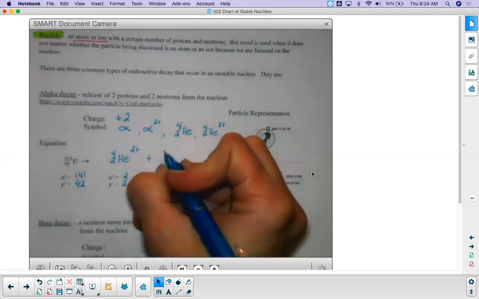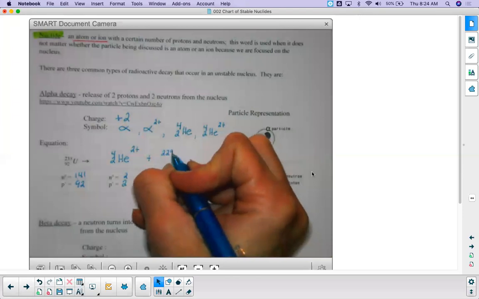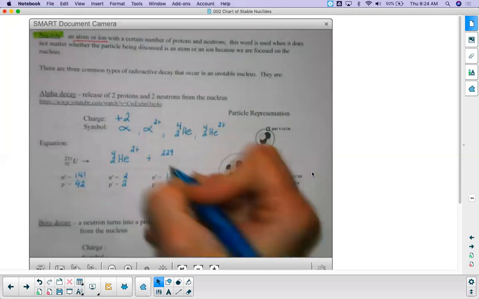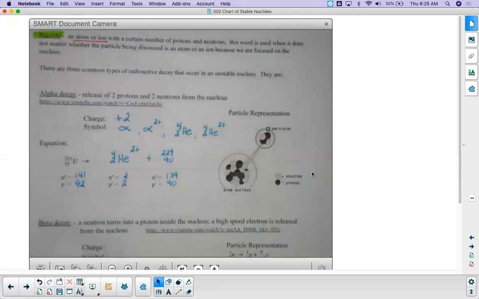So 229, 90, and I don't have uranium anymore. I need a periodic table to figure out what I have. So dig out your periodic tables. We need to figure out what we're left with.